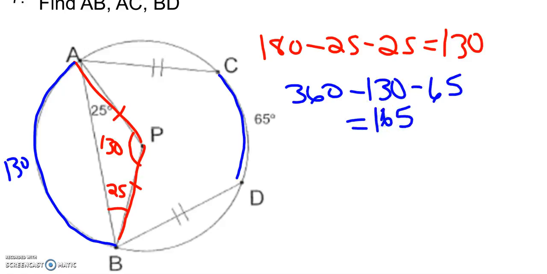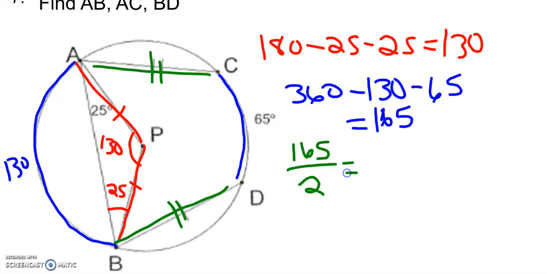And since this is a central angle, we know that this arc, its intercepted arc right here, is also going to equal 130. So now we know these two arcs, so to figure out what the rest of the circle has to be, we're going to do 360 minus 130 minus 65, which would give us 165. So then, since these two chords right here are congruent, we know that arc AC is congruent to arc BD, so we're just going to do 165, what's left, divided by 2, to give us 82.5 for both of these arcs.